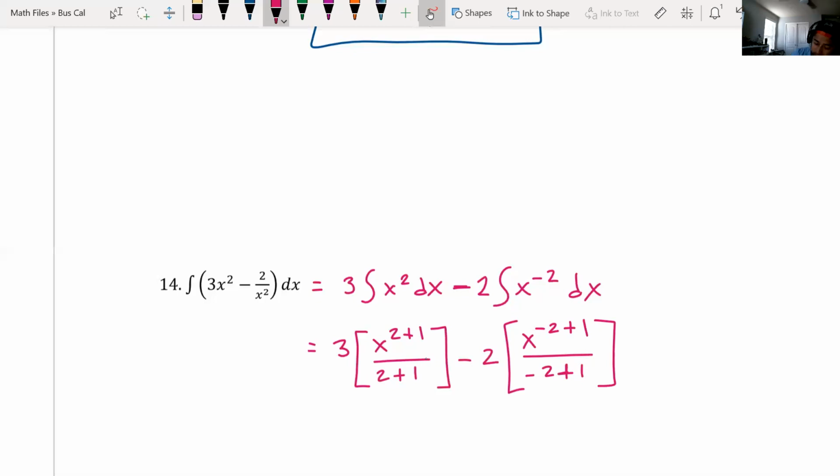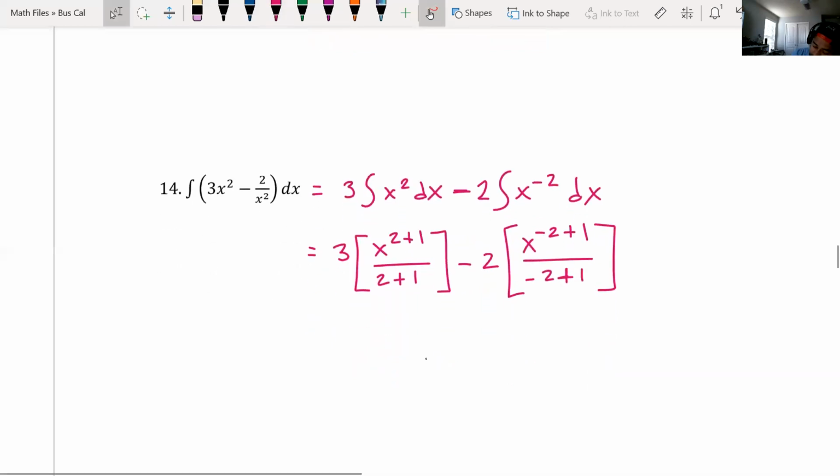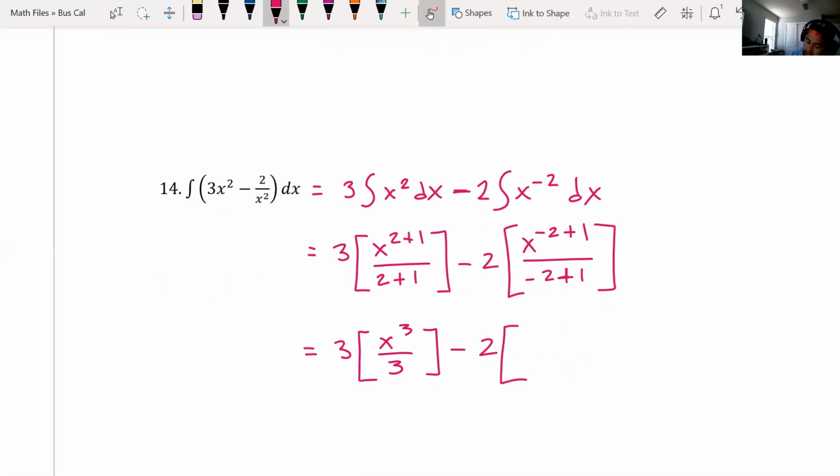There it is. Clean up. 3 times x cubed over 3 minus 2 times x to the negative 1 over negative 1.